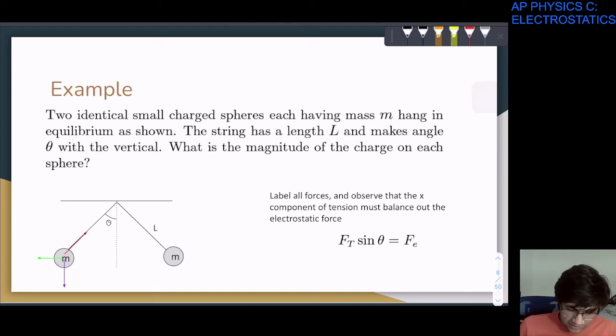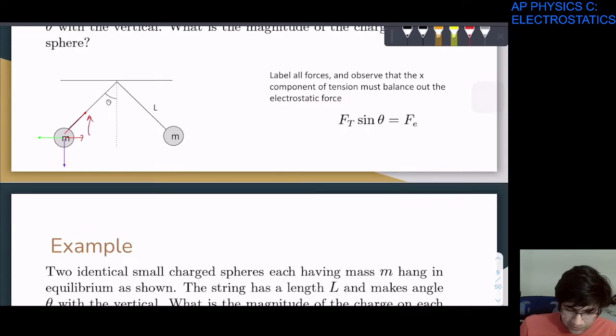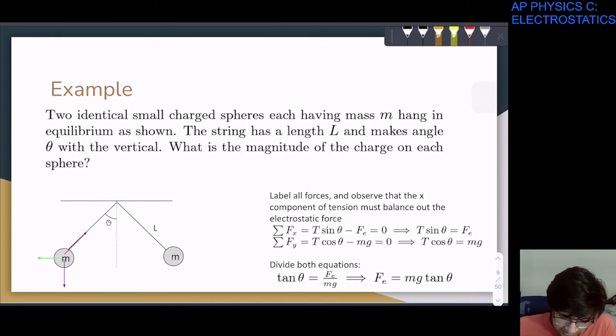So we're going to be interested in this equation, F_T sine theta, which gives us this component, and needs to equal this component for it to be in equilibrium. Well, that's one equation. The other equation is simply that the vertical component must balance out with gravity. This way, the sum of all of our forces is 0.